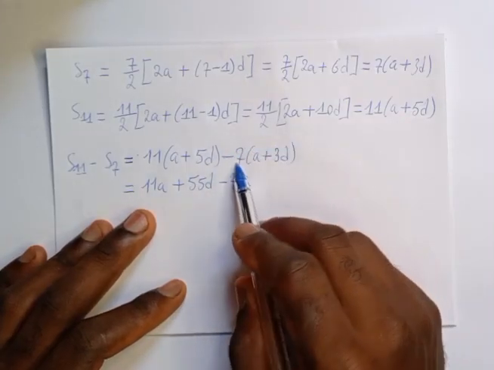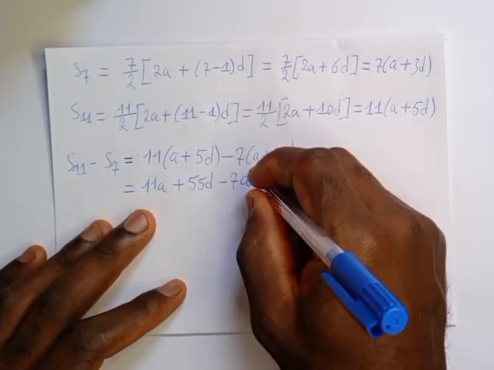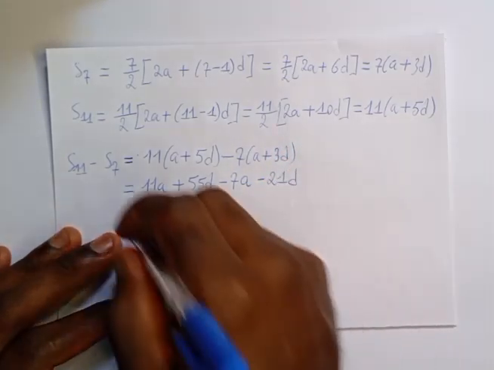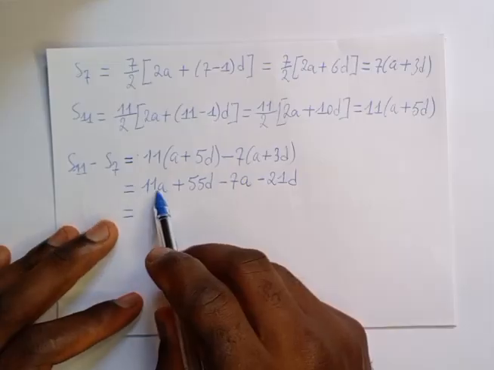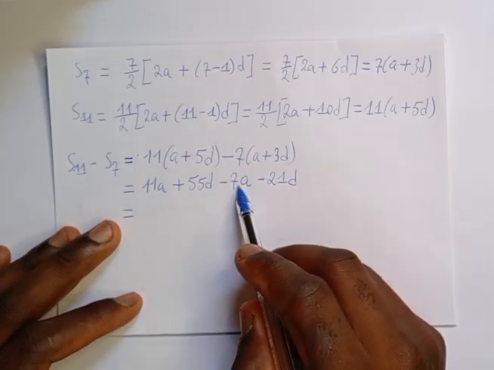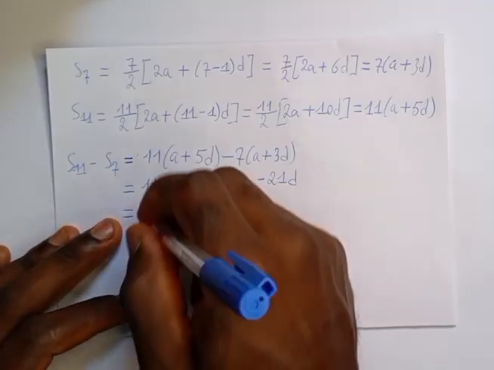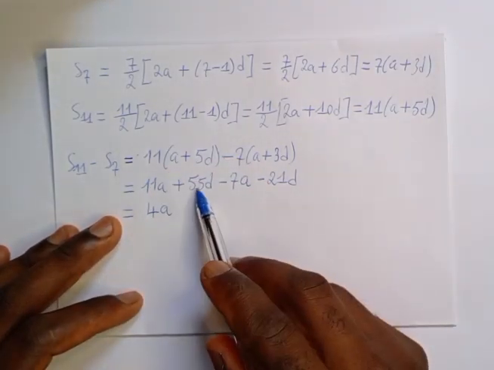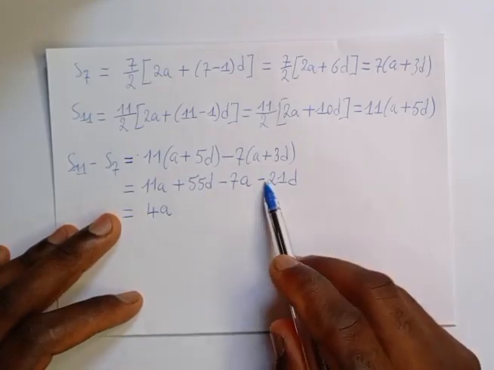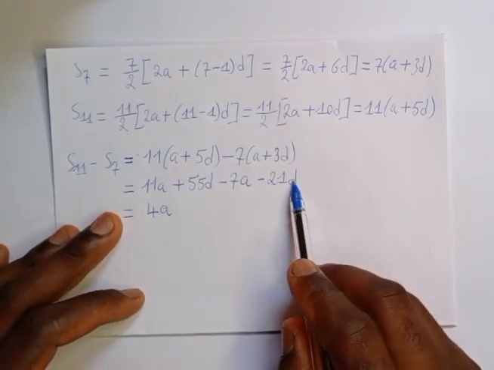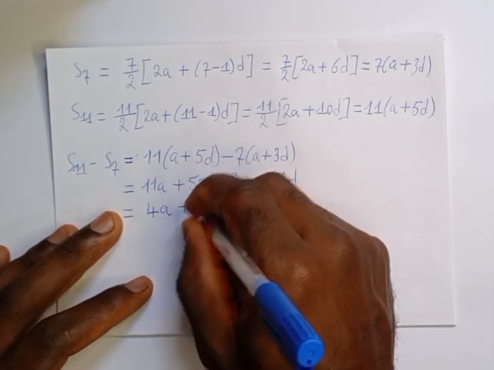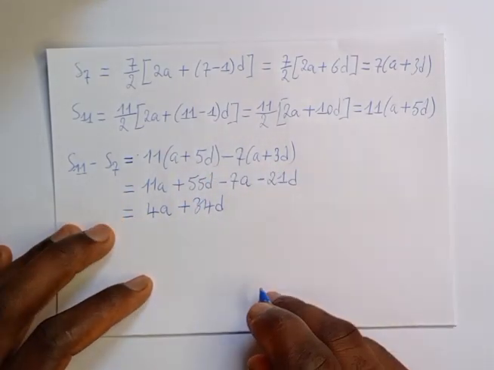Negative 7 times 3d gives us negative 21d. This will be equal to 11a minus 7a gives us 4a, 55d minus 21d gives us plus 34d.